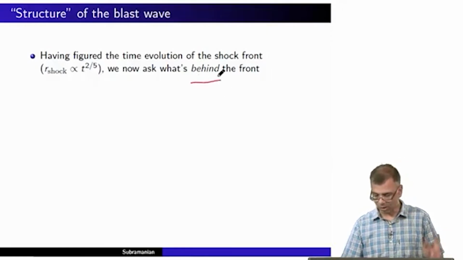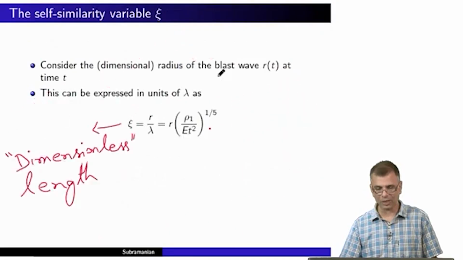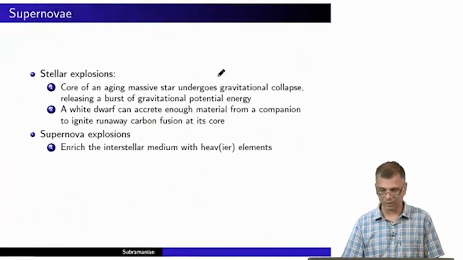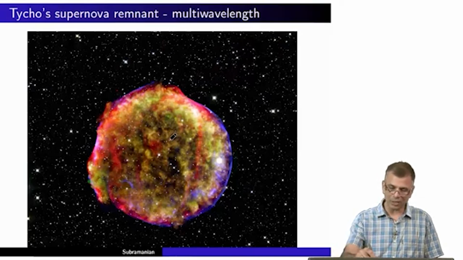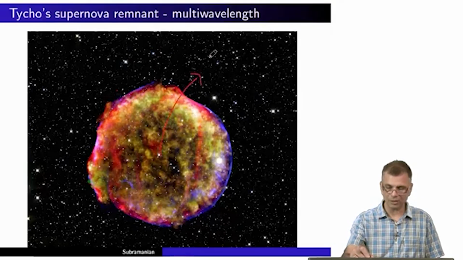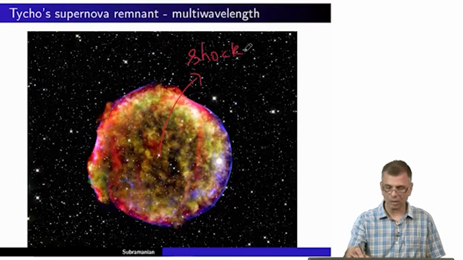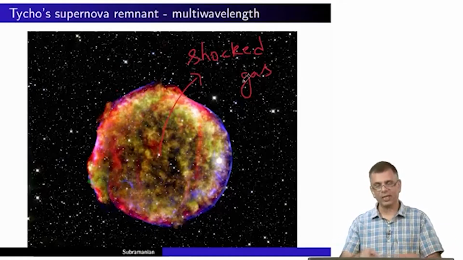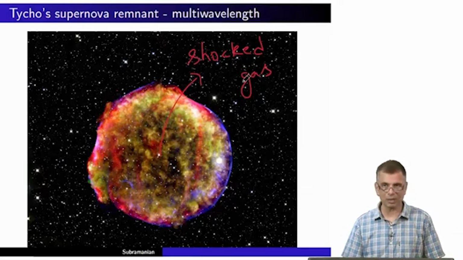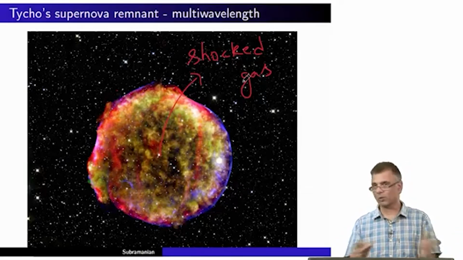Because all astrophysical observations like this, all of this is essentially shocked gas, in the sense that the shock has passed through the gas and heated it, and that's what's causing the particles to radiate, and that's what we see.